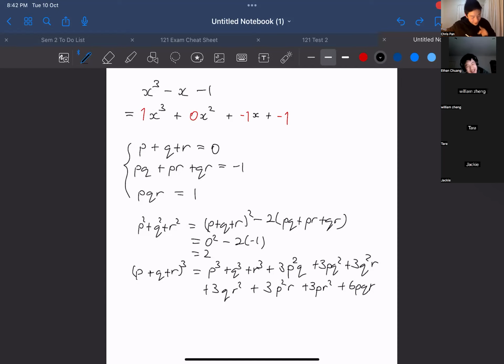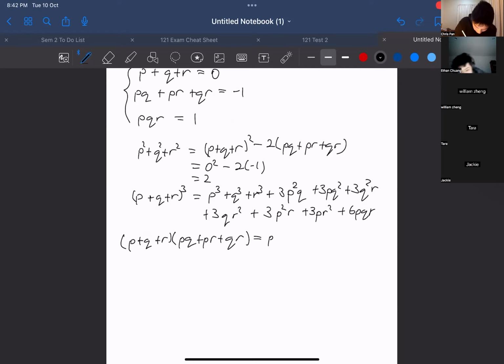What we noticed is that if we multiply p plus q plus r by pq plus pr plus qr, you get p squared q plus pq squared plus p squared r plus pr squared plus q squared r plus qr squared plus 3pqr.